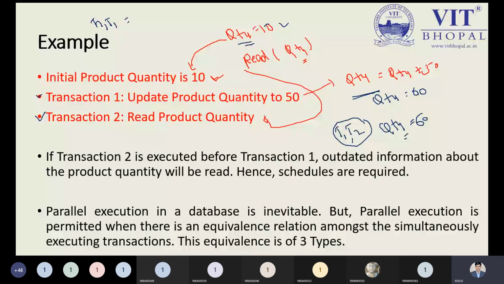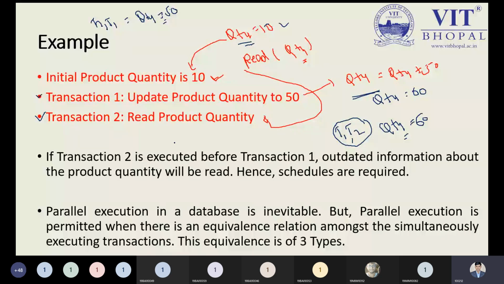First it will read, so QTY will be 50. QTY will be read as 50, and then it will be updated. So initially, what value I read at the last is 50, and then it is updated. So both things are different.